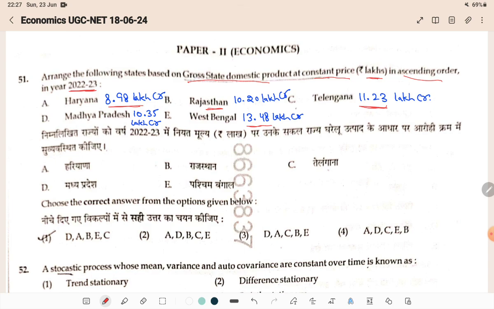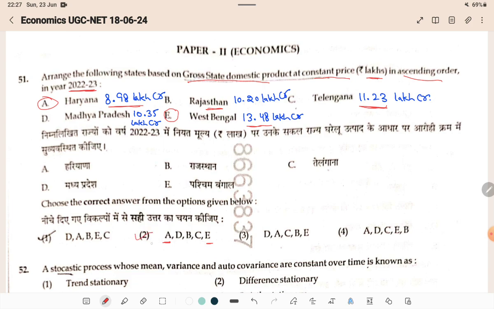In this, I think there is no correct sequence, but if I see the first, Haryana, and the last, West Bengal (E), only the second option, A and E, is related to this.